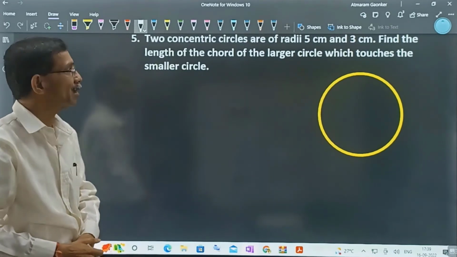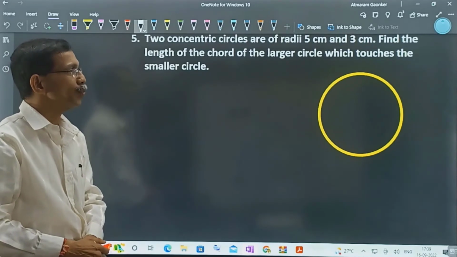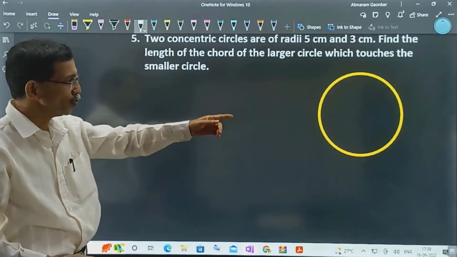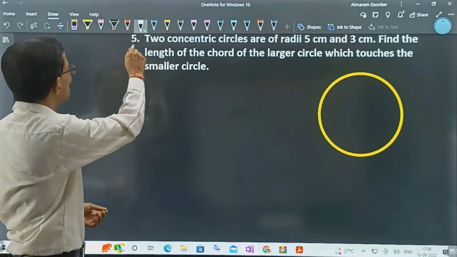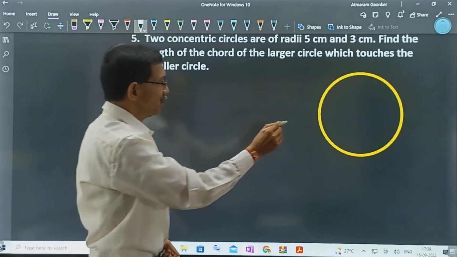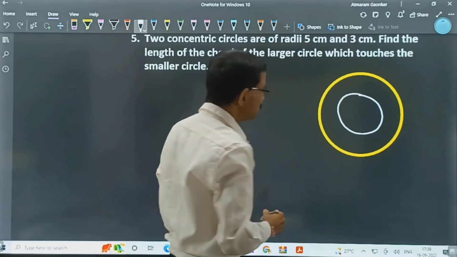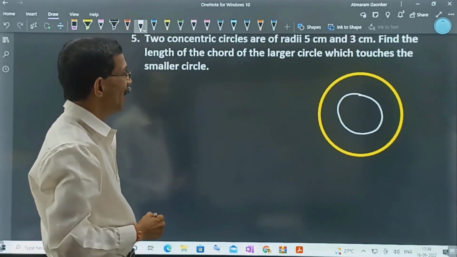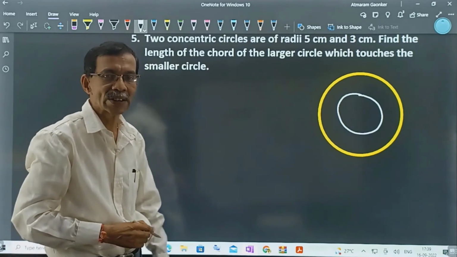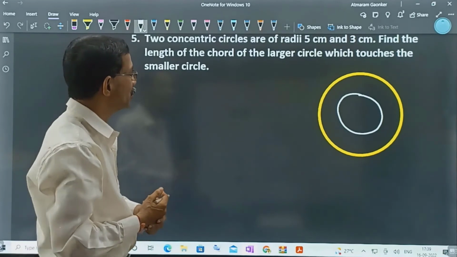Let's see question number 5. Two concentric circles of radius 5 centimeters and 3 centimeters are drawn. So here one circle is there. Let us draw another circle which is a concentric one. So inside this I will draw one more circle, and these two become concentric circles. The radius of the bigger one is 5 centimeters, and the smaller circle's radius is 3 centimeters.